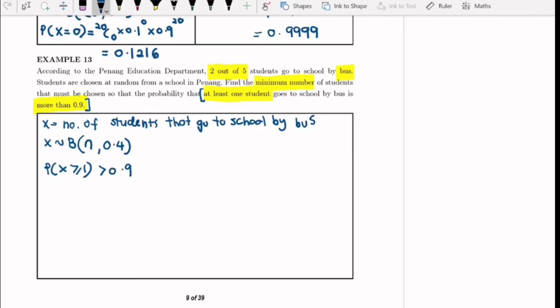So what we need to find is the value of n so that P(x greater than or equal to 1) is greater than 0.9.